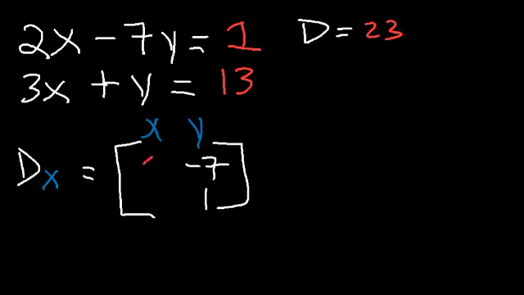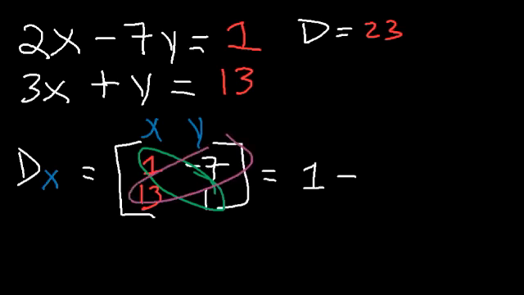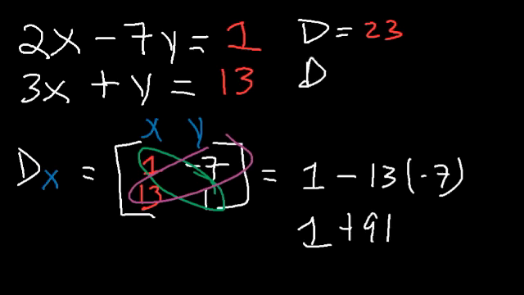So this is going to be 1 and 13. So 1 times 1 is simply 1 minus 13 times negative 7. Negative 13 times negative 7 is positive 91. So it's 1 plus 91. Therefore, dx is equal to 92.